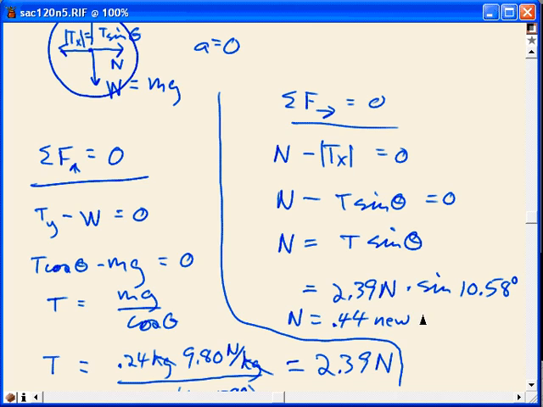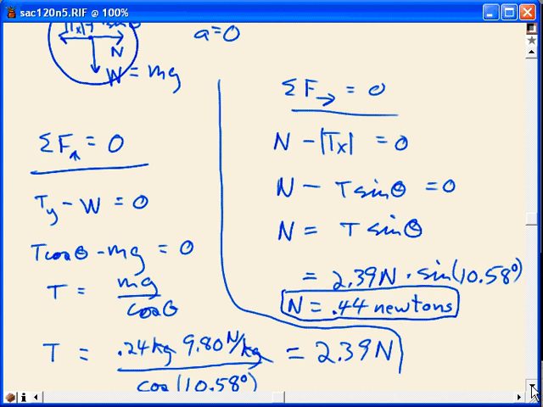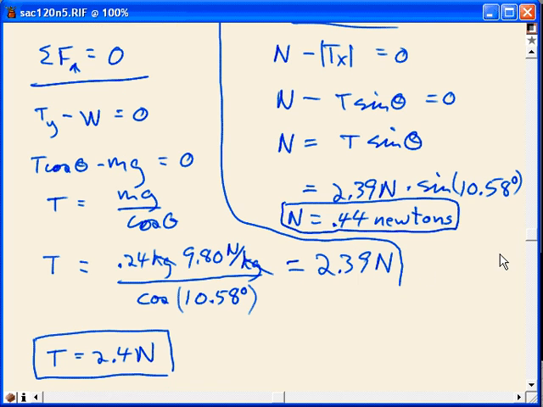And I'm going to write out the word newtons, since I'm using the symbol capital N for the normal force. And yeah, this is just newtons times a pure number. That's in degrees, but when you take the sine of it, you get a pure number. So you get both T and N.